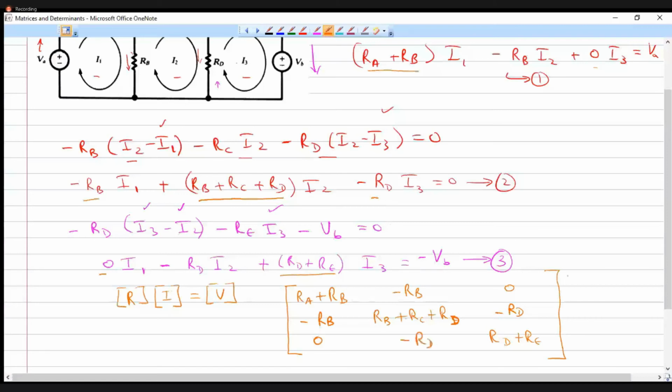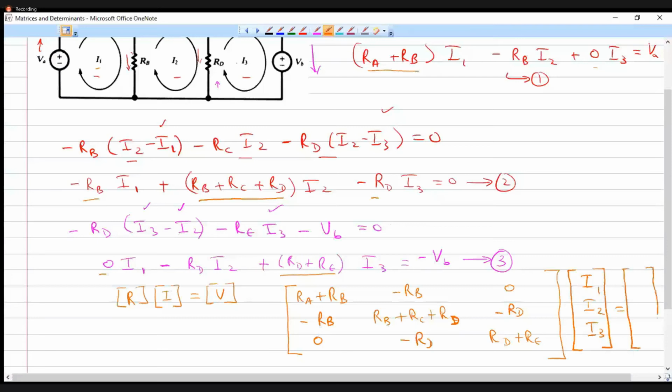And how can we write the current matrix? Current matrix is nothing but all the loop currents, so I1, I2 and I3 we can write as a column vector, that is equal to the voltage.